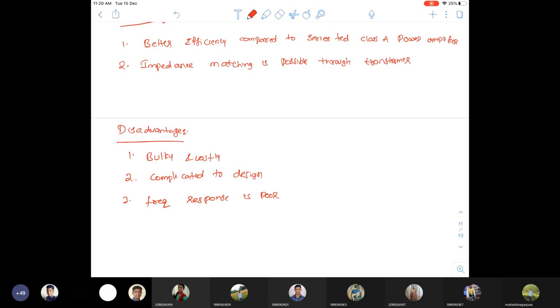Right. Next, comparison, series fed versus transformer coupled, and tell me the points. Comparison table. First point? Less efficient.